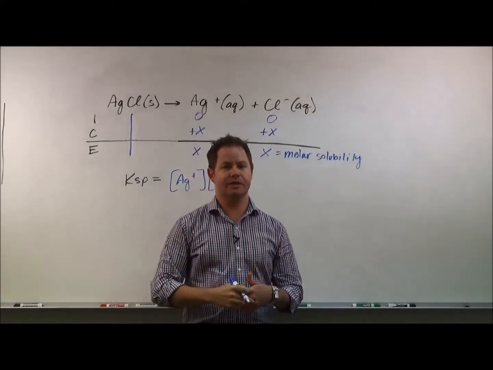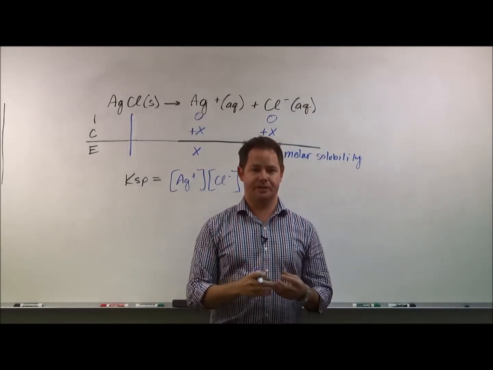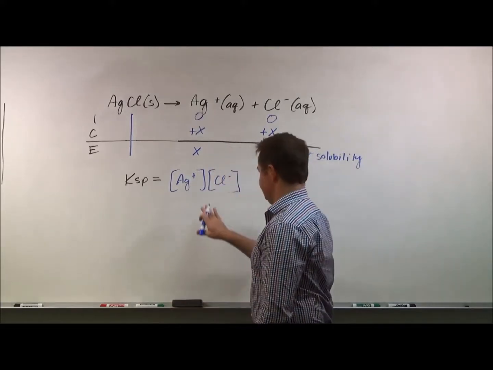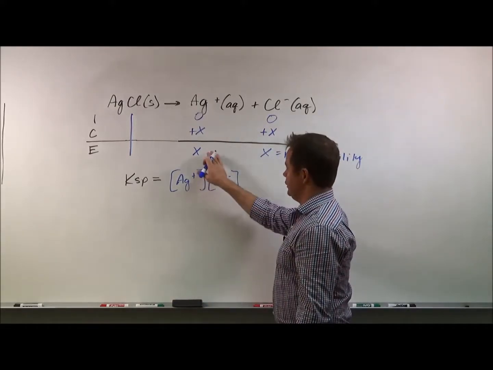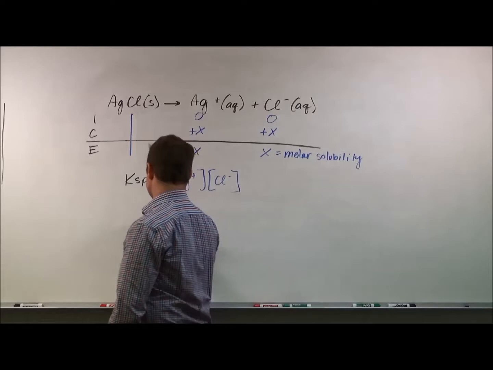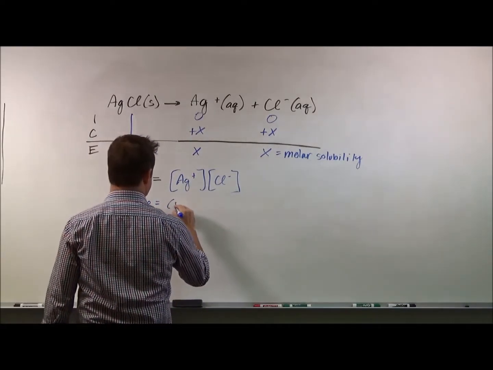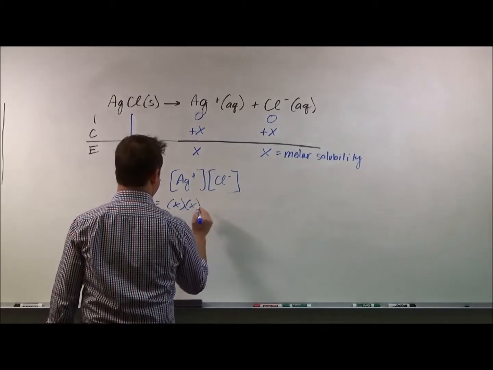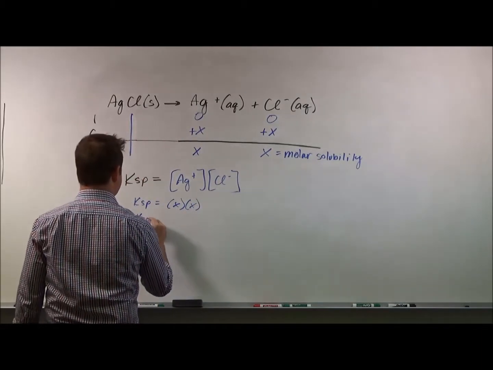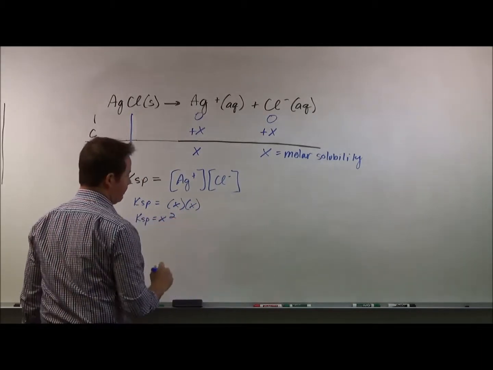How likely is it that you end up with lots of these ions when something dissolves? So when we plug in X for Ag plus and X for Cl minus, your KSP expression will look something like this, X times X. So your KSP will be equal to X squared.